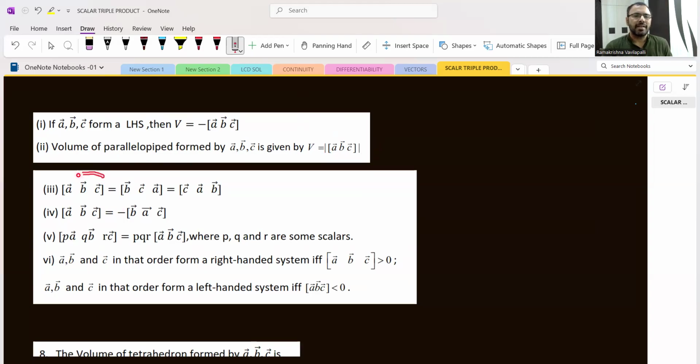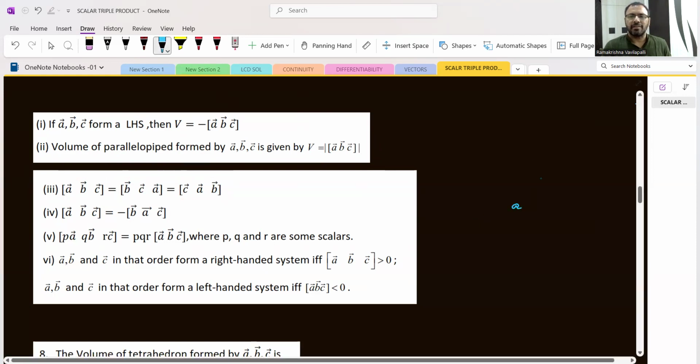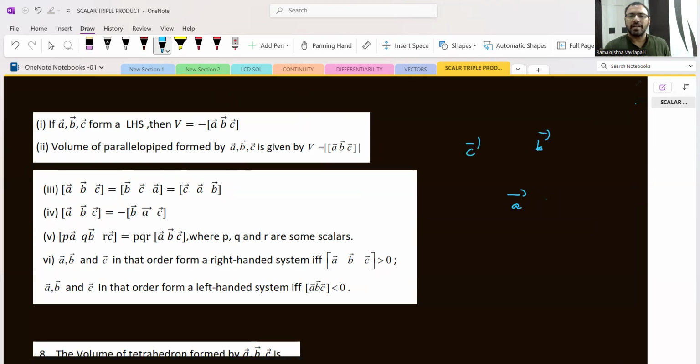And remember, it is very, very important that box ABC is the same as box BCA, that's equal to box CAB. Like in the anti-clockwise direction, this is A bar vector, this is B bar vector, this is C bar vector, rotating in anti-clockwise, wherever you start.